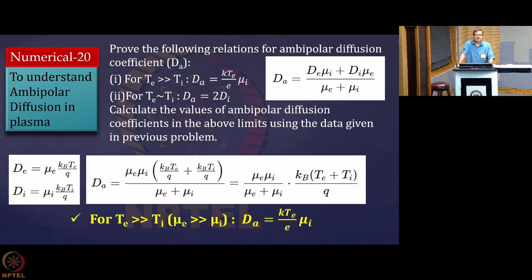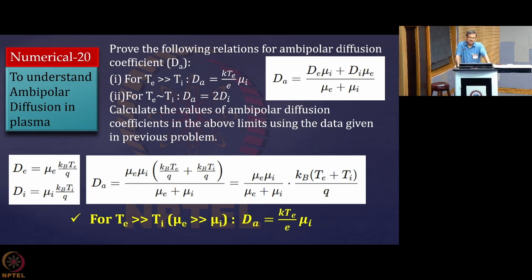We want to show that when Te is much greater than Ti, like in the non-equilibrium plasma, then D_A is basically governed by the heavier species, that is mu_i, diffusion. And when they are comparable, like in the thermal plasma, then the ambipolar diffusion coefficient is just twice the diffusion coefficient of the heavier species. So in both cases, we are seeing that the heavier species is basically controlling the ambipolar diffusion.